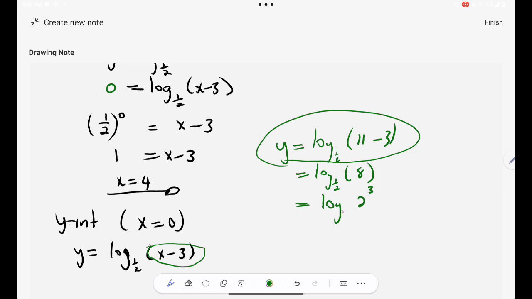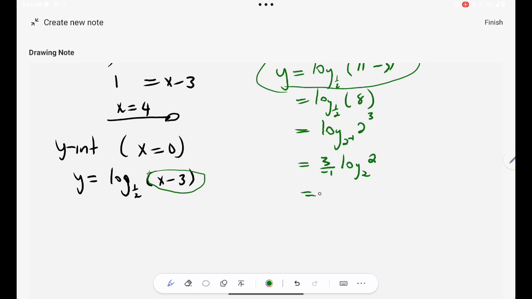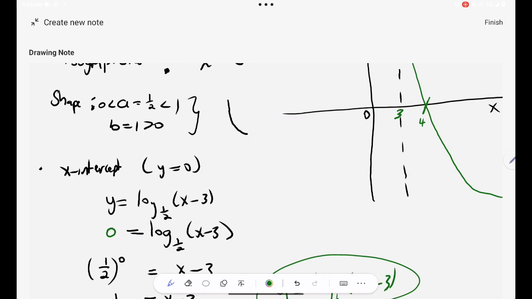This is 2 to the 3, 2 to the negative 1. So this is 3 over negative 1, log 2 and 2. This is negative 3. Okay, I know that when my x is 11, the y value will be negative 3.